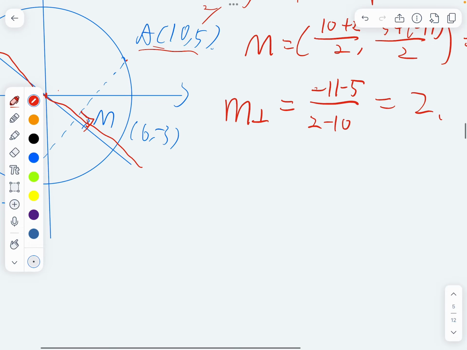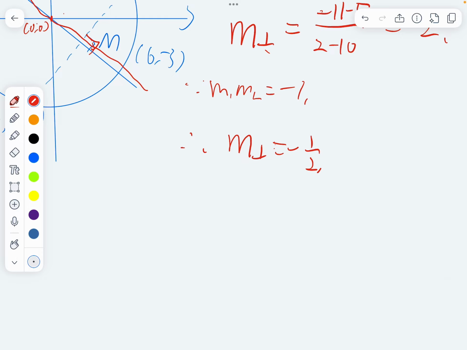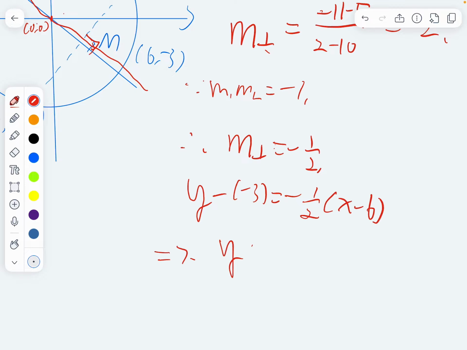So the perpendicular slope equals negative 1 over 2. We plug it into the formula: y plus 3 equals negative 1 over 2 times x minus 6. Simplifying, y equals negative 1 over 2 x.